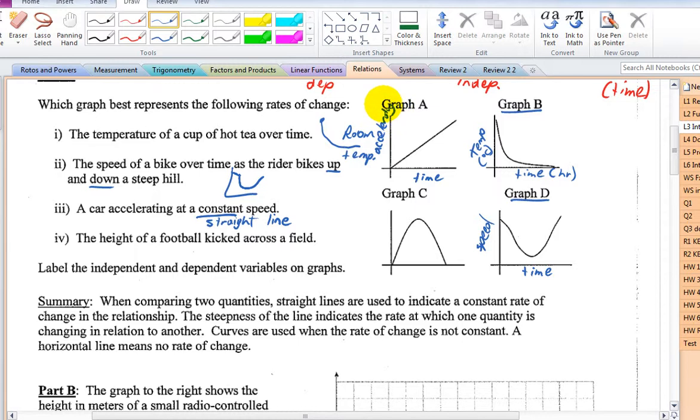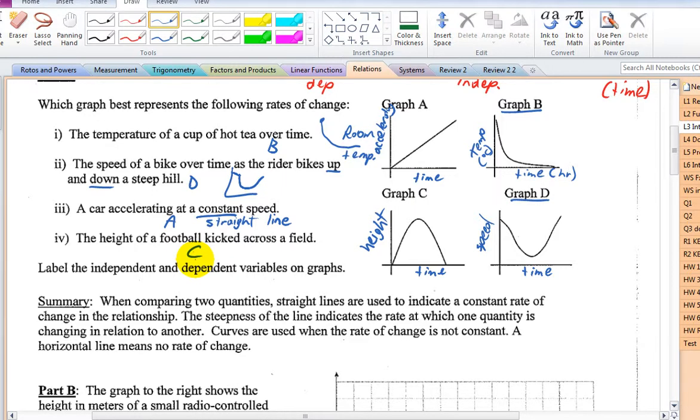Okay, so let's see here. This is graph B. This is graph D. This is graph A. The last one, a football kicked across a field. Height goes up and then comes back down. So this is graph C.